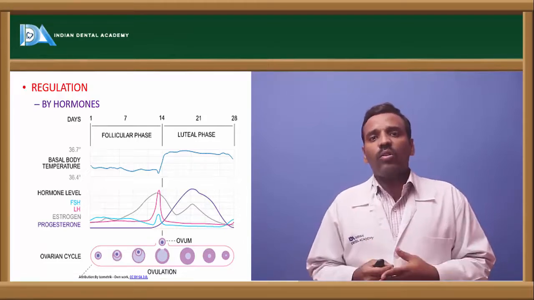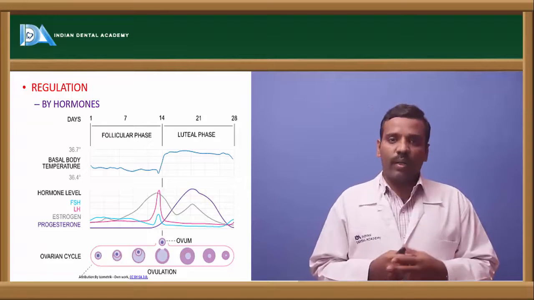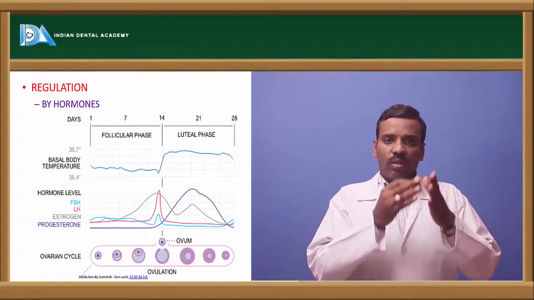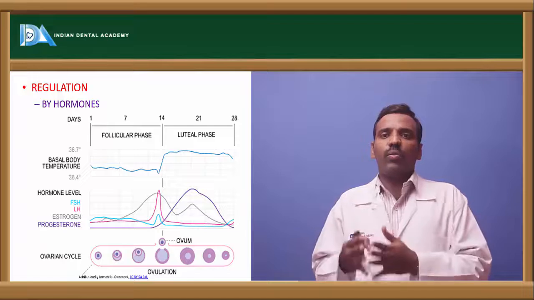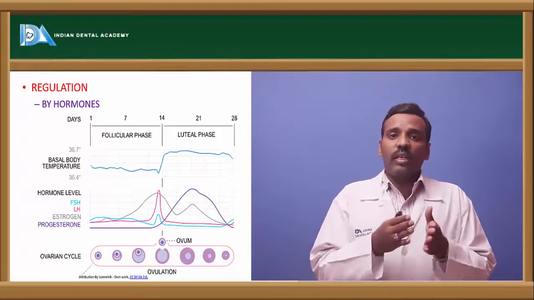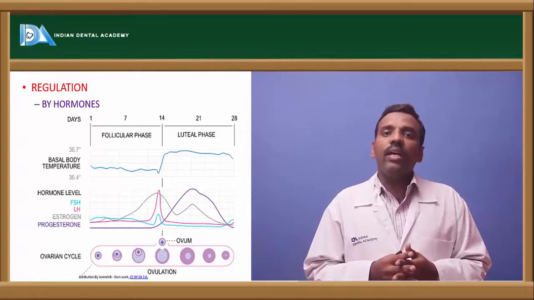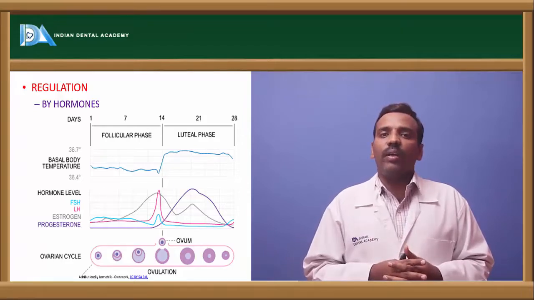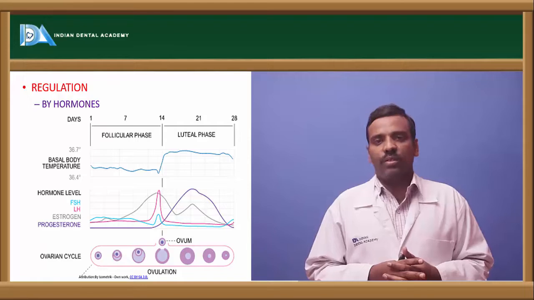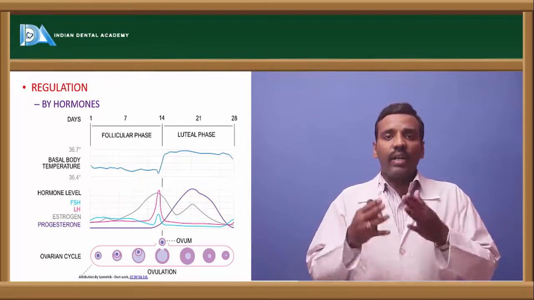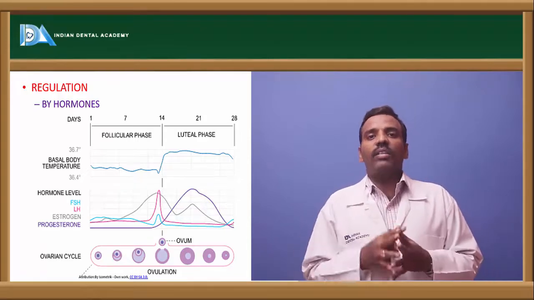Day 1 to day 14 is maintained by estrogen and follicular stimulating hormone, or FSH. And on the 14th day, the hormone levels are increased.